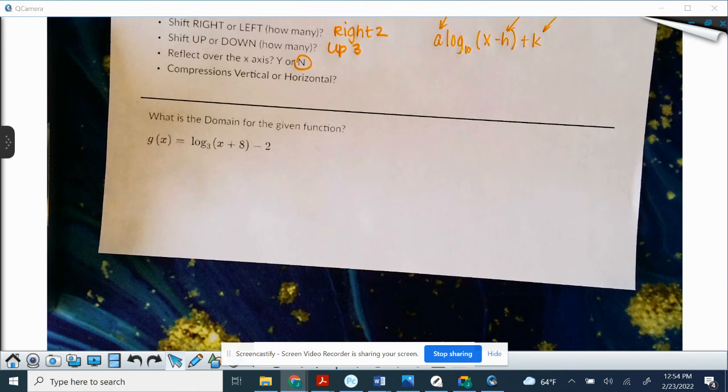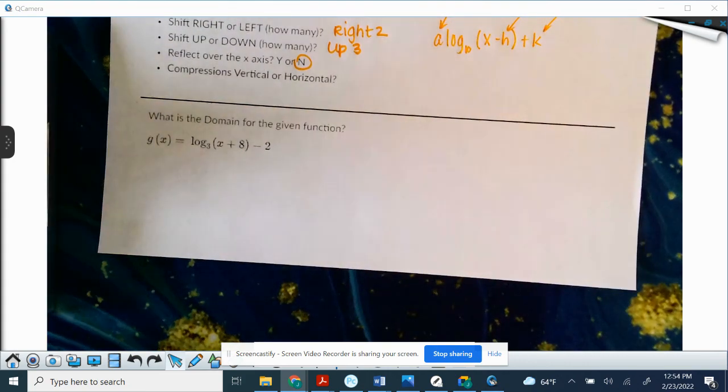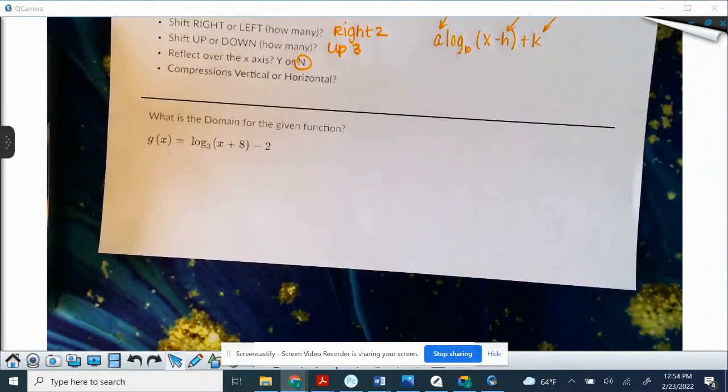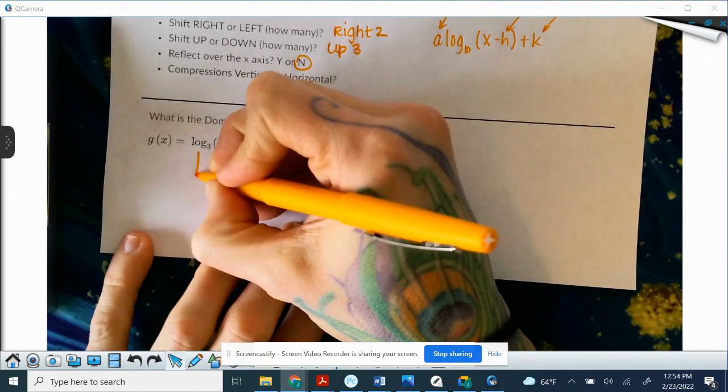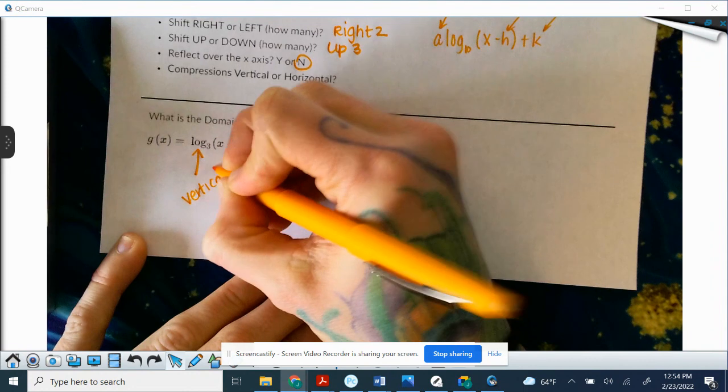All right, so for domain, that's your X values. Looking at a log function, you know that you are going to have an asymptote, and that's what's really going to matter. It is a vertical asymptote for a log function, so as soon as you see the word log, you should think about vertical asymptote, and that's back to that Hoy bucks.